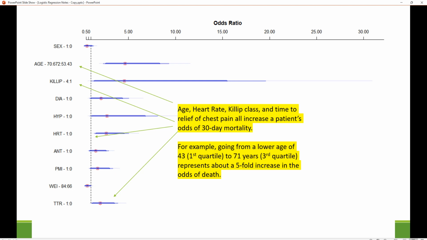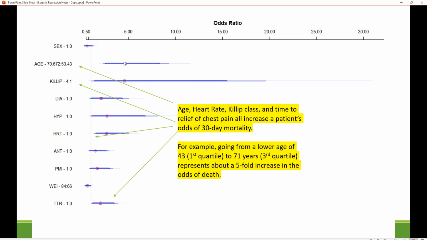So what we see in this model summary is that age, heart rate, Killip class, and time to relief of chest pain all increase patients' odds of 30-day mortality. For example, going from a lower range of 53 to 71 years represents about a 5-fold increase in the odds of death.